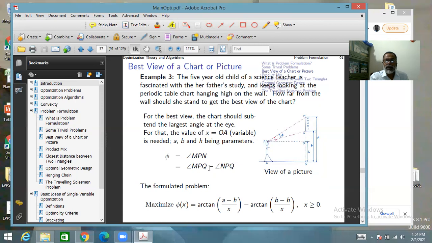Angle MPQ, this angle, okay, that is tan inverse of (A minus H) by x. And the other angle, the smaller angle, which you need to subtract, that is tan inverse of (B minus H) by x. Okay. So this is all. This you have to maximize for non-negative x.